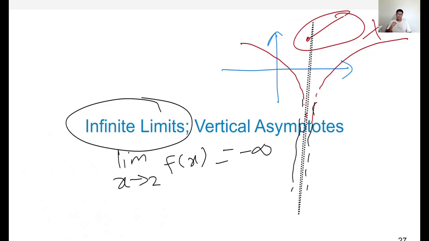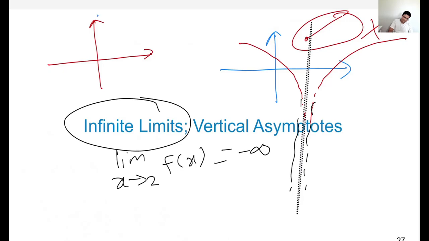What is important is it should be going to negative infinity from both sides. Otherwise, you can only say that the one-sided limit is negative infinity. And while we are on this, another simple example for infinite limits is the graph that we have been using repeatedly, the graph of 1 over x.